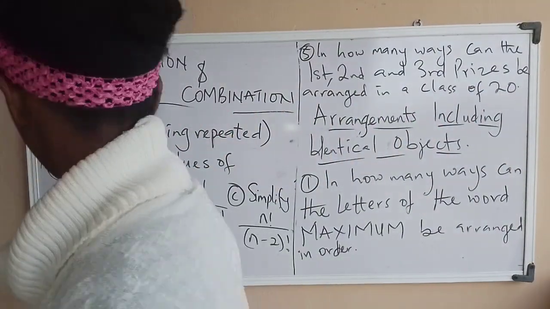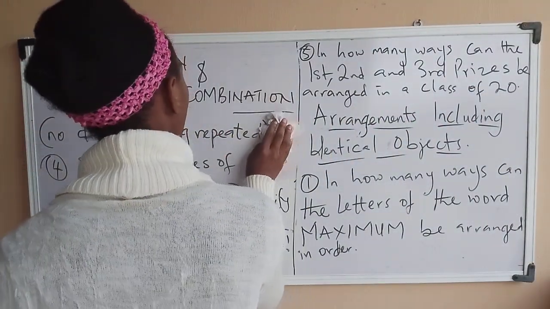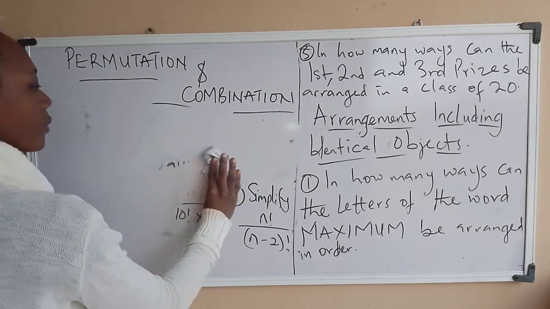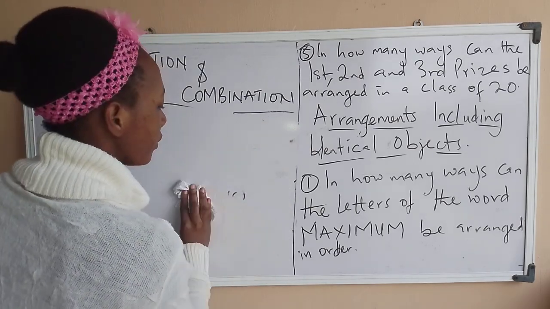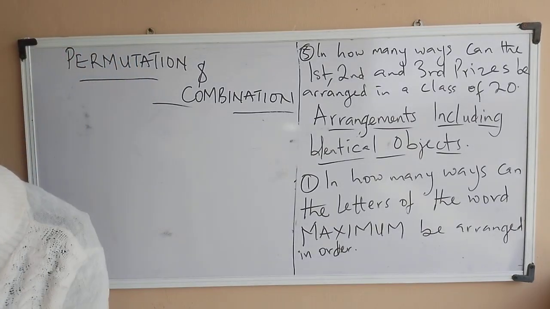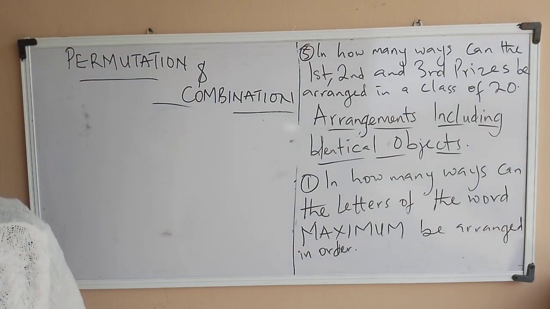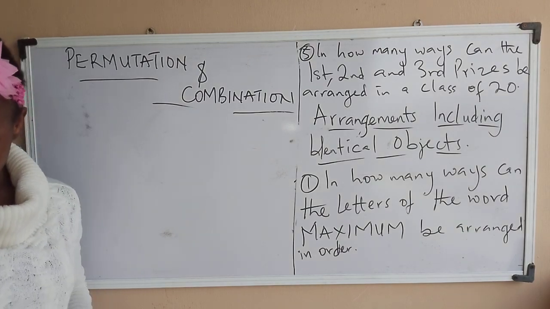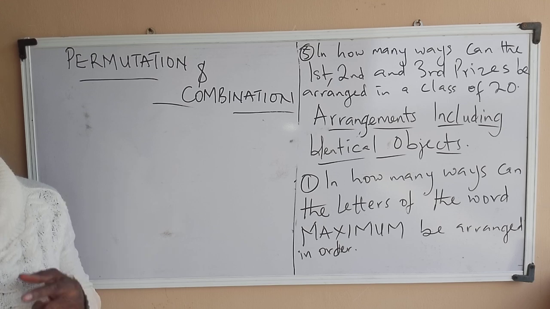I want to clean this side of the board. So, in how many ways can the letters of the word maximum be arranged in order?